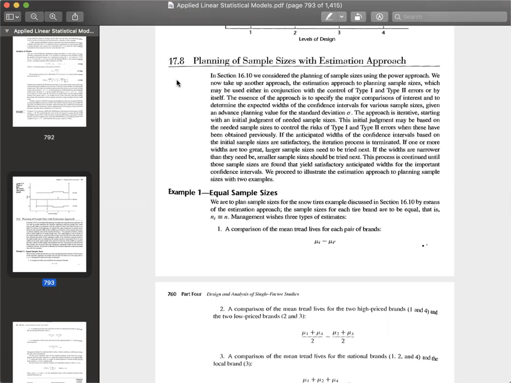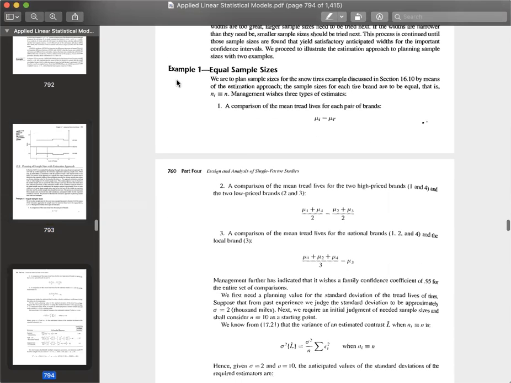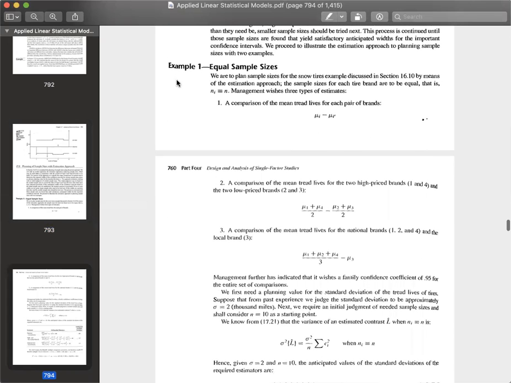We proceed to illustrate the estimation approach to planning sample sizes with two examples. The first example is for equal sample sizes. We have a comparison of the mean tread lives for each pair of brands, mu i minus mu i bar.